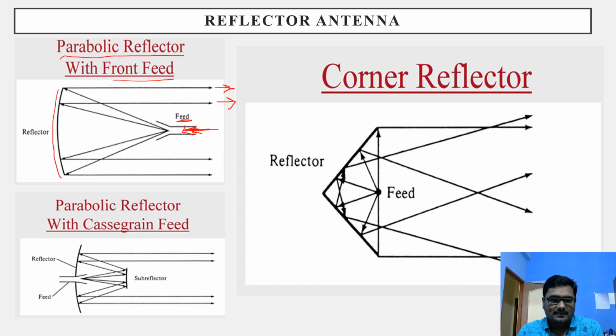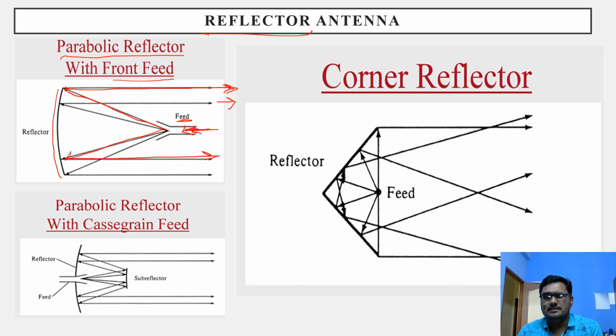Then electromagnetic waves will bombard on the reflector, and the reflector's job is to reflect the waves into the air. Look at this. The wave is bombarded and gets reflected. So that's why it is a reflector type of antenna.